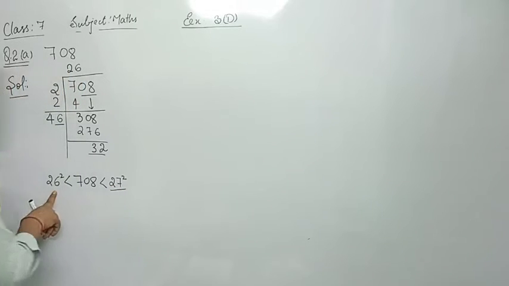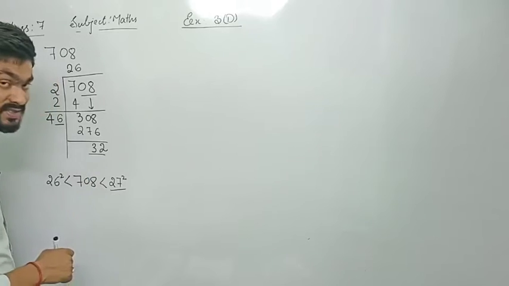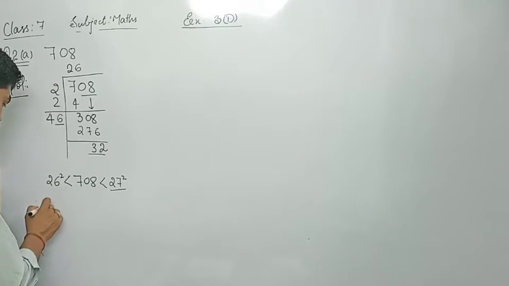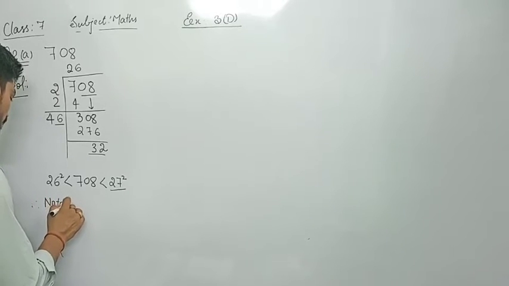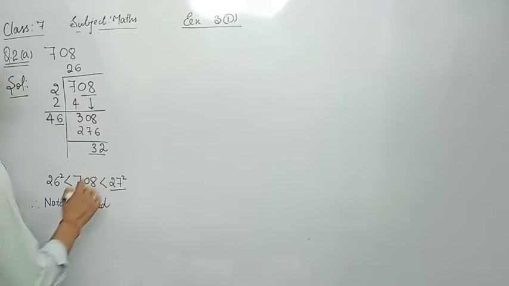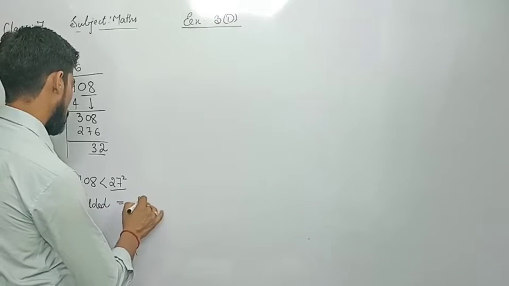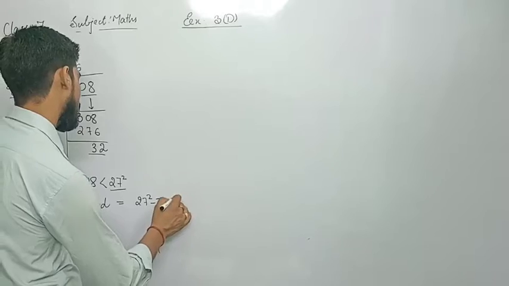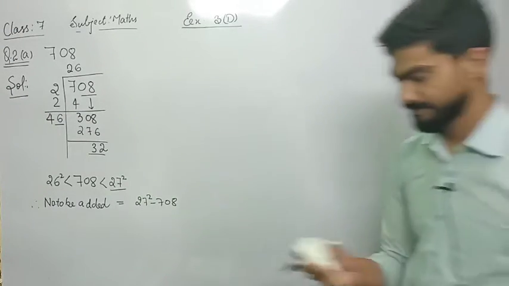You will write: 708 lies between 26 square and 27 square. Therefore, the number to be added will be equal to 27 square minus 708. Just find which number you are going to subtract, my dear.